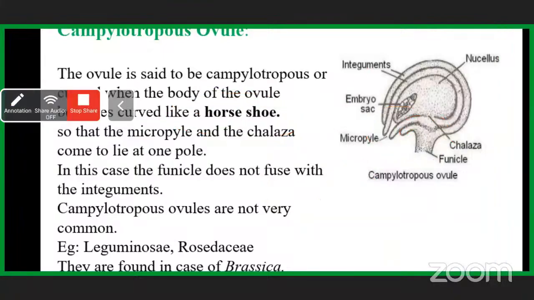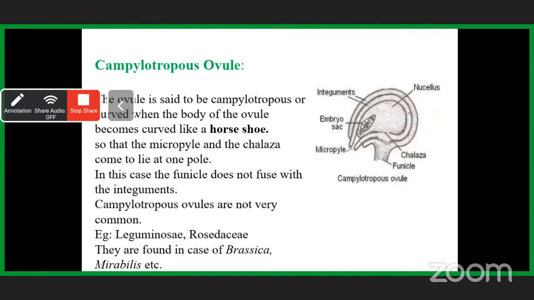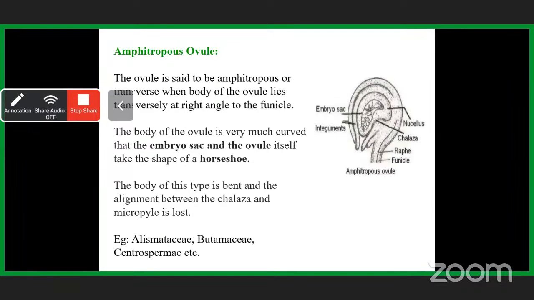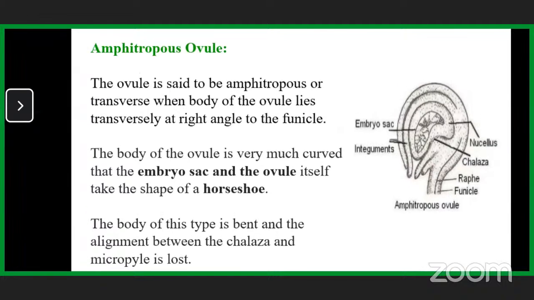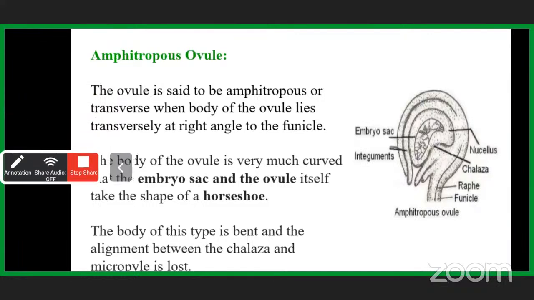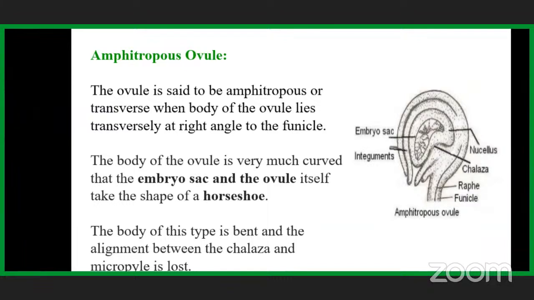Okay. And then you can see the next. What is it? Amphitropous, very, very important. Amphitropous ovules. You see what appears here?